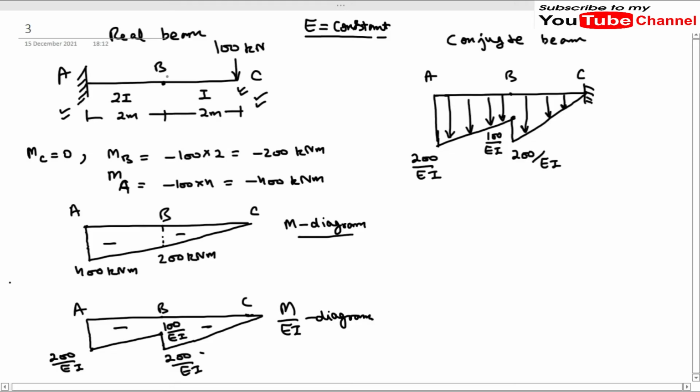And if we want to find the deflection in the real beam, then we have to find the bending moment in the conjugate beam at that particular point. So we have changed our real beam into its conjugate beam. Now we will see how we are going to find the slope at B, deflection at B, slope at C, and deflection at C by using the conjugate beam method.